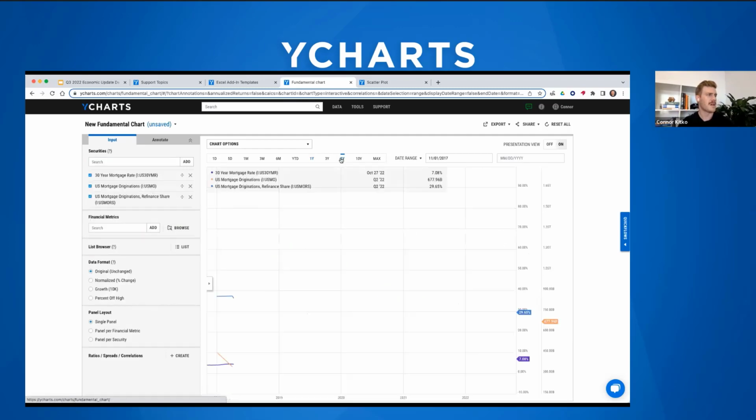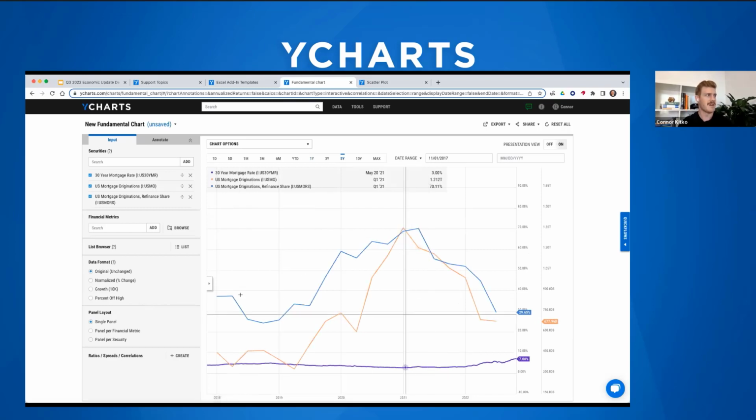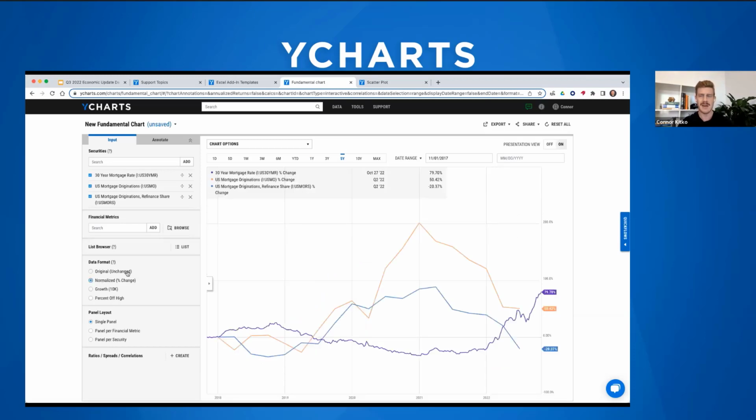This is a good little on-the-fly lesson for YCharts, because you'll notice that we have this data format over here in original, but we're working with some mixed data. Some is already a rate or a percentage, and one is just a raw value. So what I'm going to do is change this chart to normalized. We're not done yet because we don't like to look at percent changes of percent values.